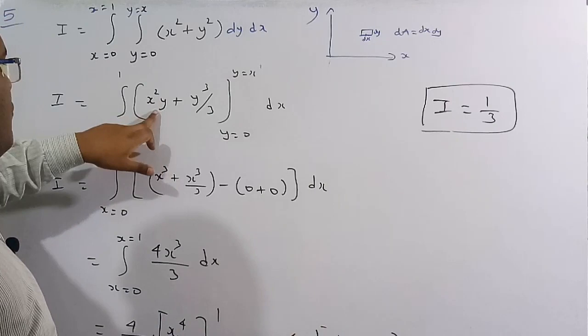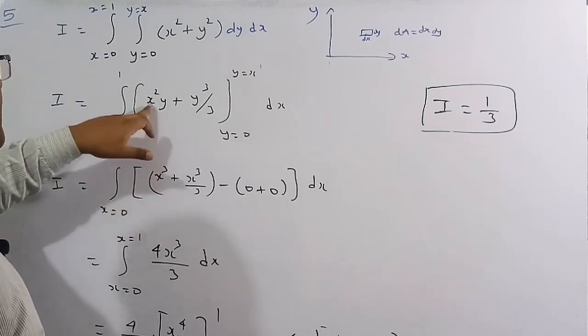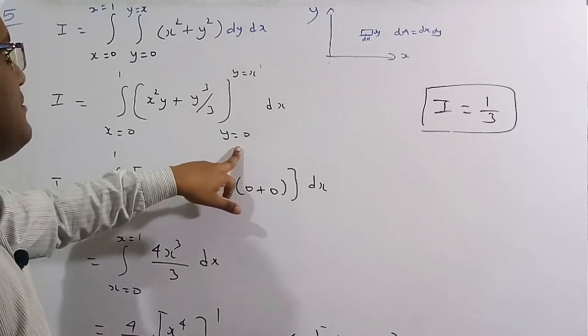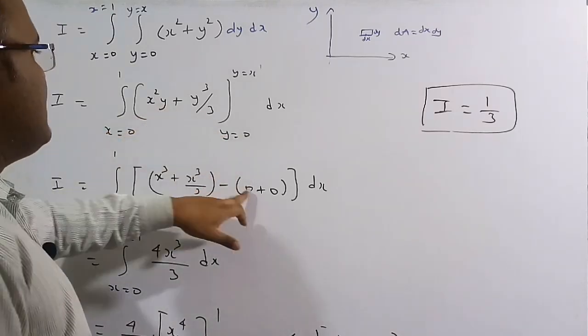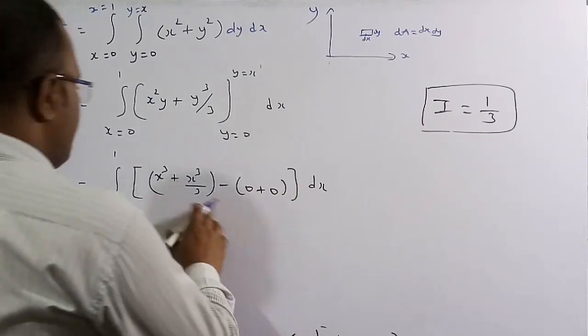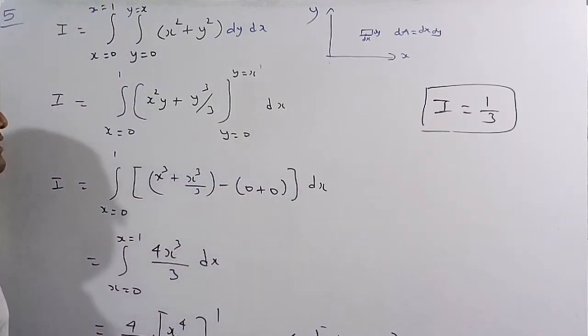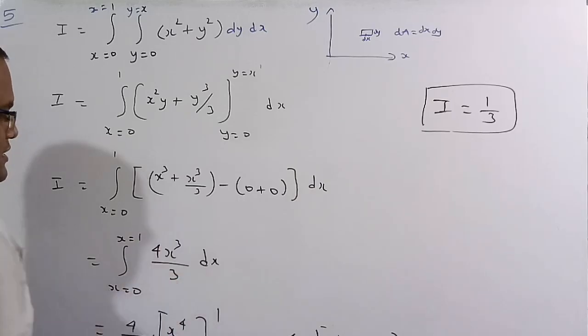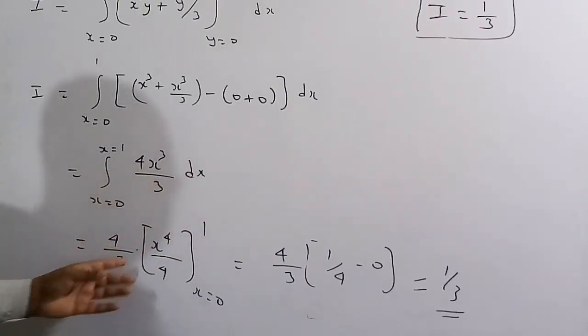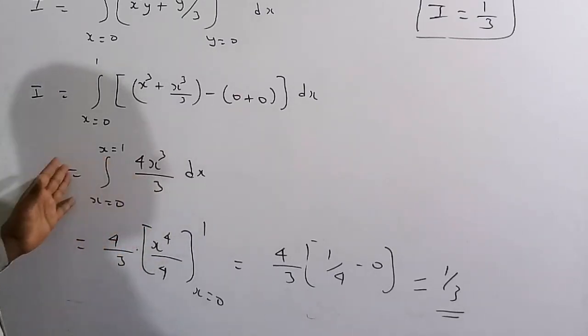In place of y, substituting y is equal to x, it becomes x square into x, which is x cube, and similarly x cube by 3, minus the value at the limit 0. Anything into 0 is 0, and 0 cube by 3 is again 0, into dx. If you solve this, we get x cube plus x cube by 3, which is 4x cube by 3 into dx. Now we have to do integration with respect to x. So 4 by 3 is a constant, so it stays outside the integration.